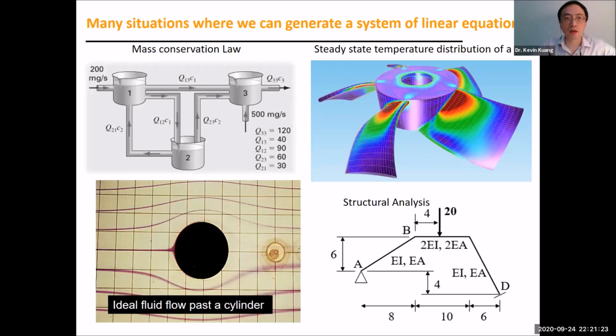Now, here are several more situations where we can generate a system of linear equations. For example, in the first case, the mass conservation law can be adopted for each of these reservoirs. From this system itself, it is possible to generate a system of 3 linear equations, which we can solve using methods such as Gaussian elimination.